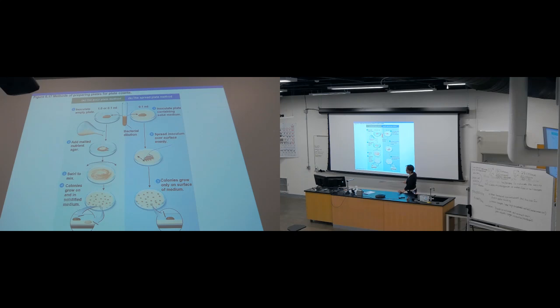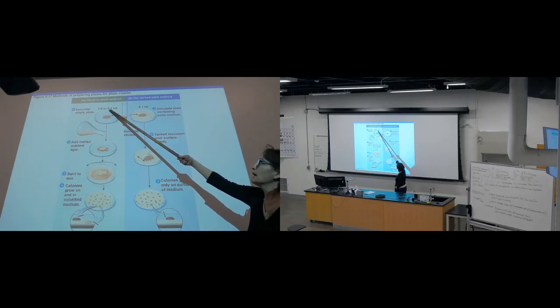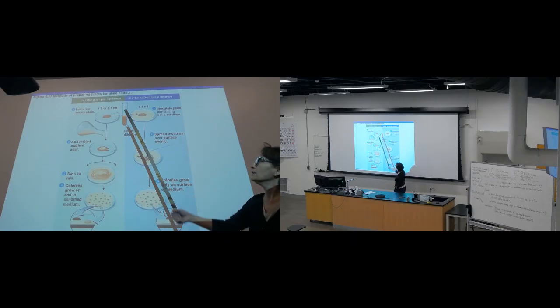Again, it gives you more control over the actual distribution of the colonies, so that colonies don't grow on top of each other. But again, what if your sample is heat sensitive? In that case, you don't use it. And you can use as well very little fluid, like 0.1 milliliters instead of 1.